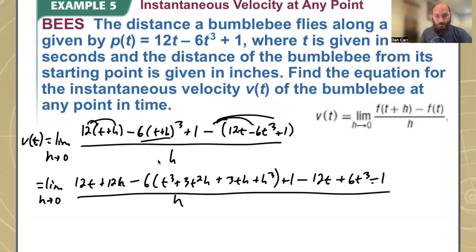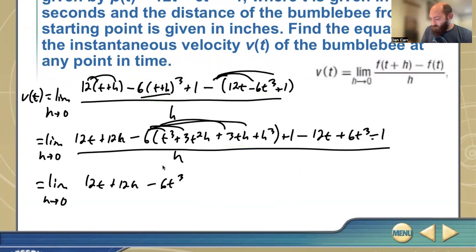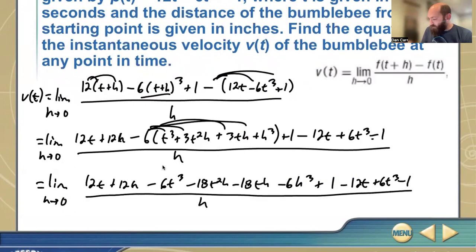I'm doing this as one big step as a shortcut, just expanding it out. Normally you'd distribute and start combining like terms. So the limit as h approaches 0 of 12t plus 12h minus 6t cubed minus 18t squared h minus 18th squared minus 6h cubed plus 1 minus 12t plus 6t cubed minus 1, all over h.